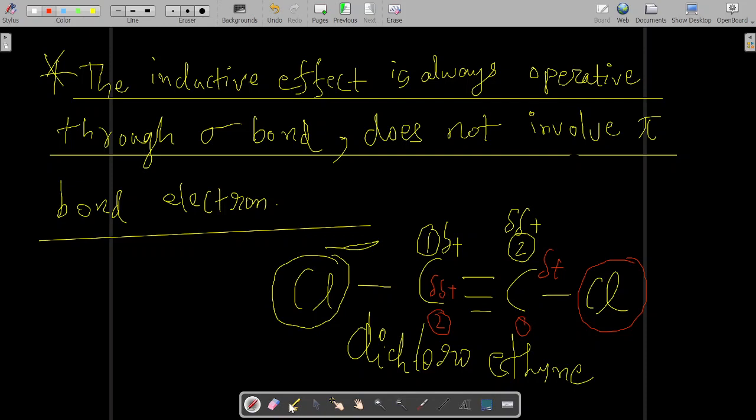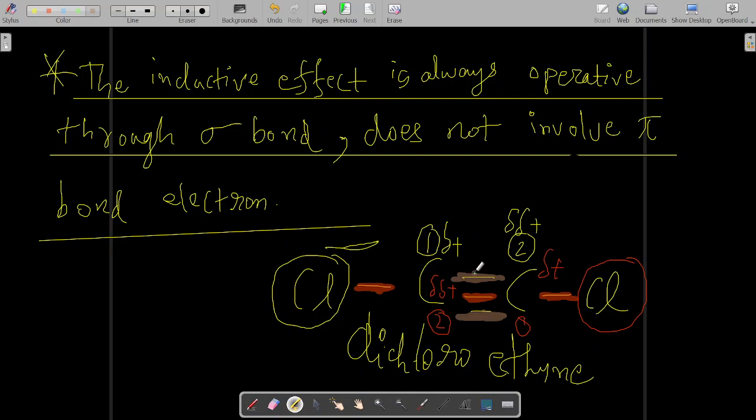But remember that only these sigma bonds will undergo the inductive effect. These two pi bonds, this pi bond and this pi bond, will not show any inductive effect.